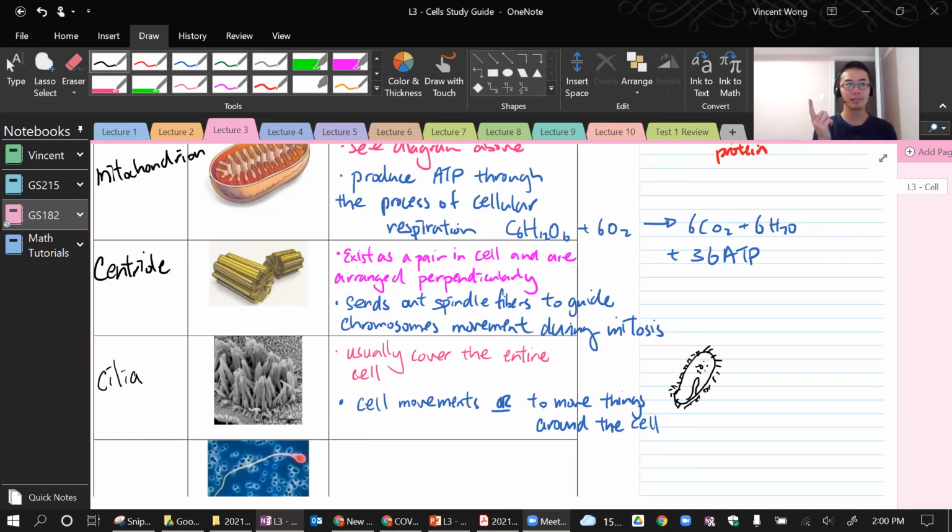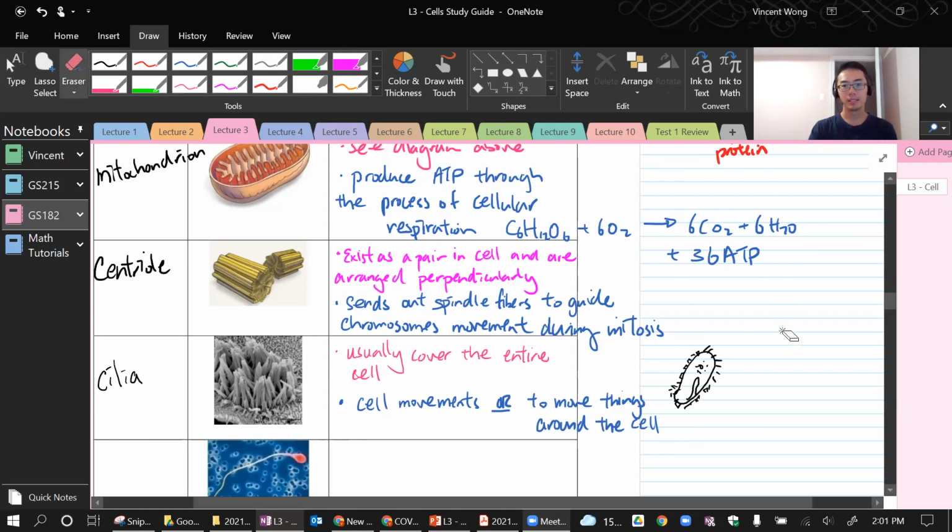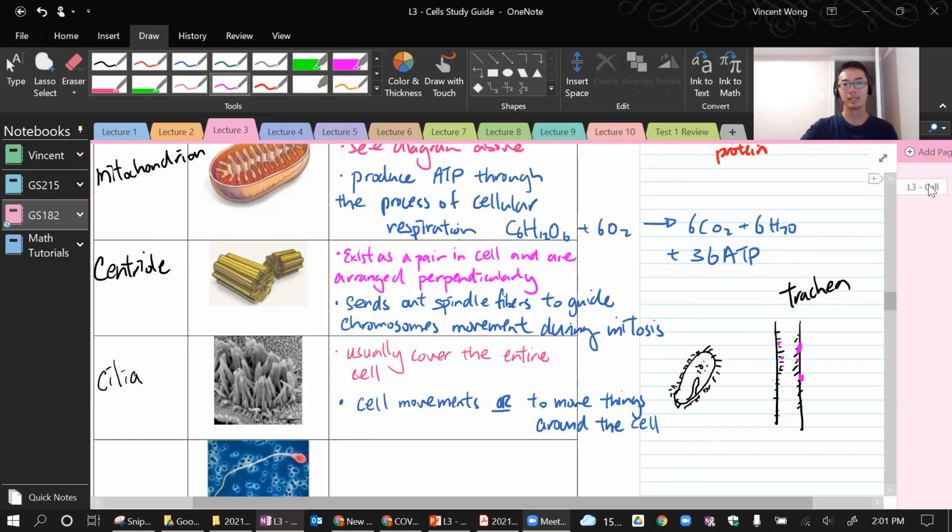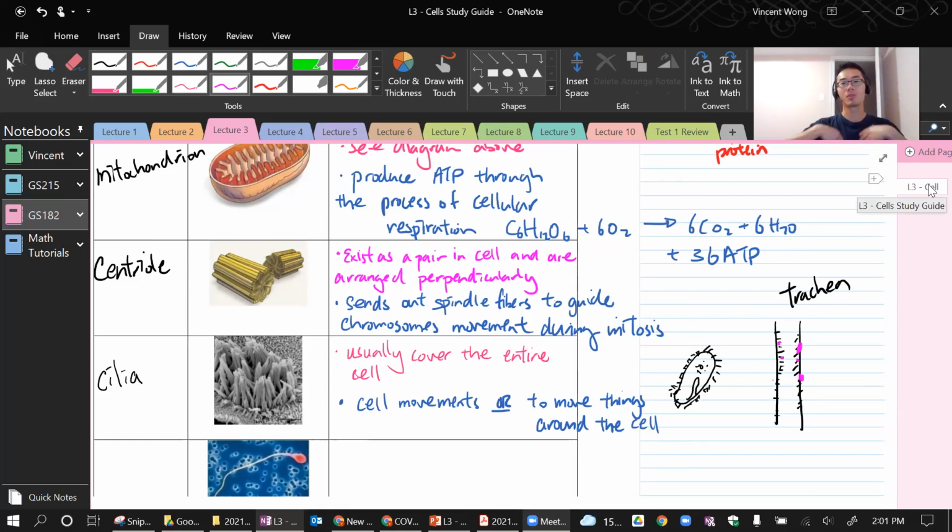One example is the airway. Your windpipe is called the trachea, and it has lots of cilia on the inside. If there are dust particles or bacteria, then the cilia will sweep them up to your throat, and then you can spit them out or swallow it.